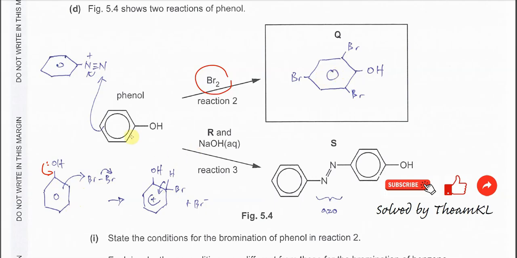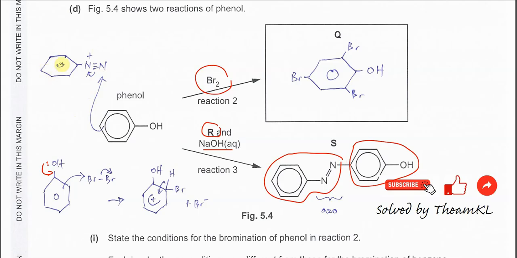And phenol can also react with R together with the sodium hydroxide to form this azo dye. You can see this azo link. So this is the azo dye, and this part is from the phenol. So this part must form from the R. So the R that you need to suggest is the benzene diazonium ion.